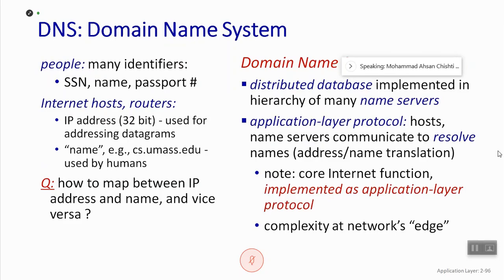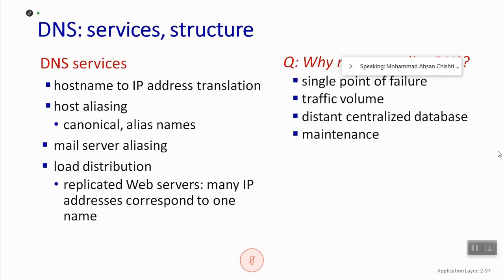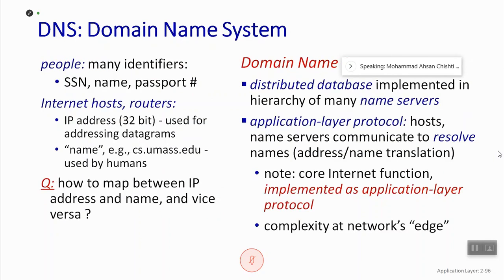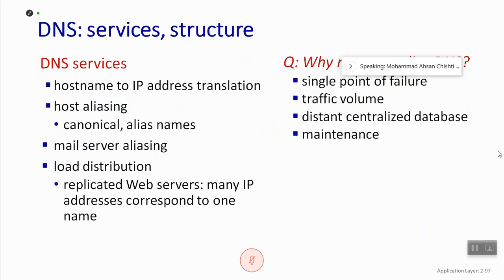Even when you configure your IP addresses and you have to give domain names, you would typically have server 1, server 2, server 3. There are several reasons for it. Why do we have distributed databases with respect to the domain name system? Why don't we have a single domain name server here? The reason being, the first one, a single point of failure is not there.